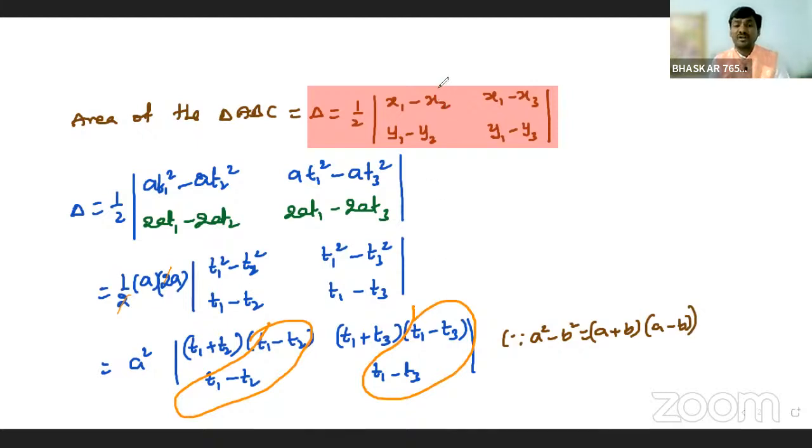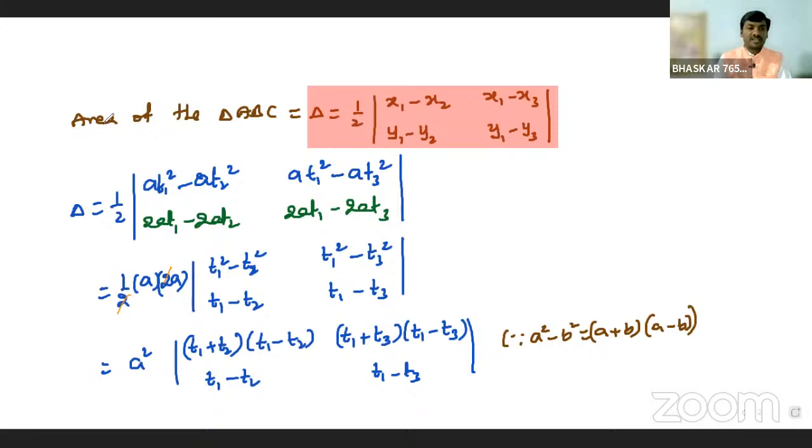We can take it common, right? So now I am taking common. Outside we have delta is equal to a square as it is.